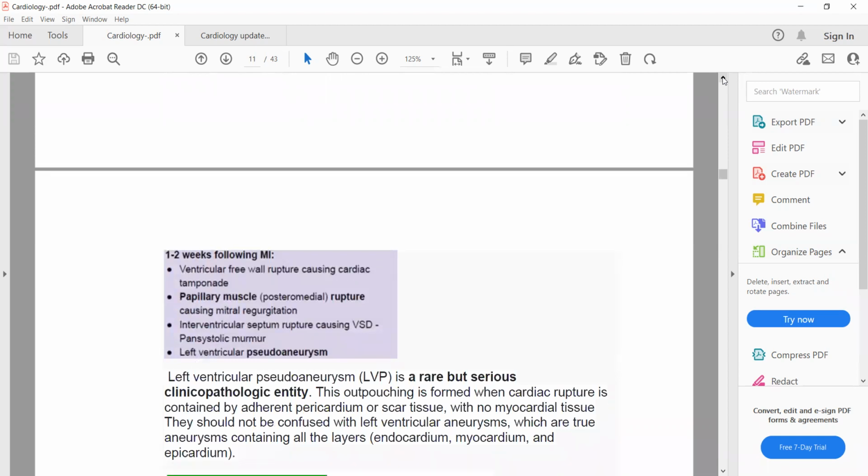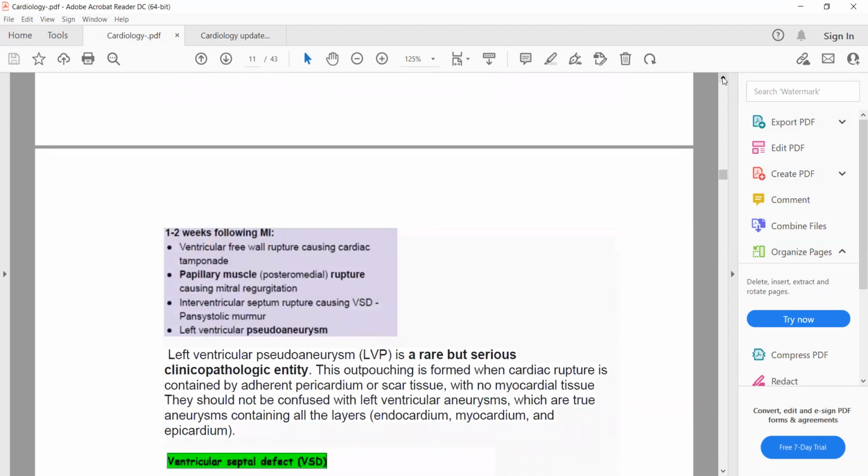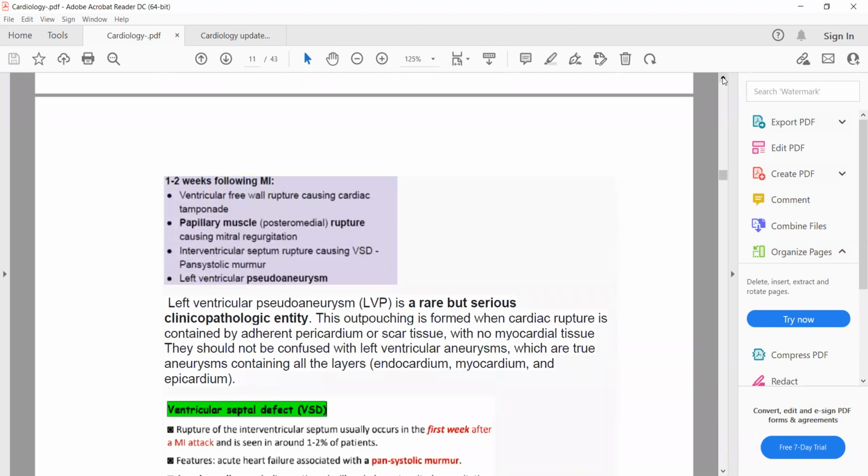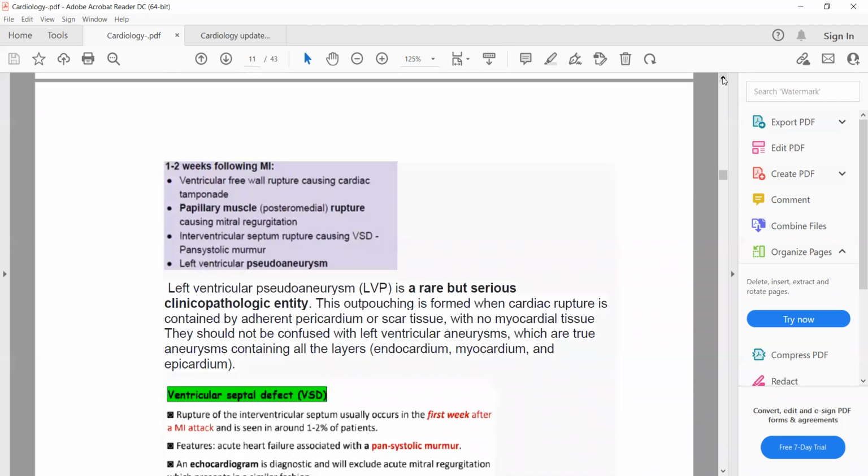Now we are going to discuss some complications that occur 1 to 2 weeks after MI. Remember that 1 to 2 weeks after MI, the area that is dead is replaced by scar tissue, and scar tissue is weak.